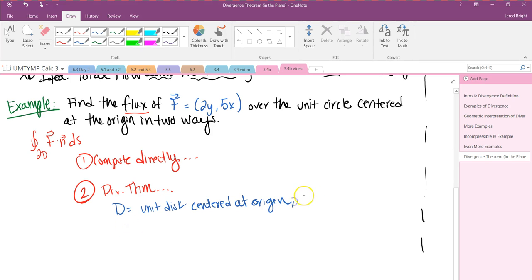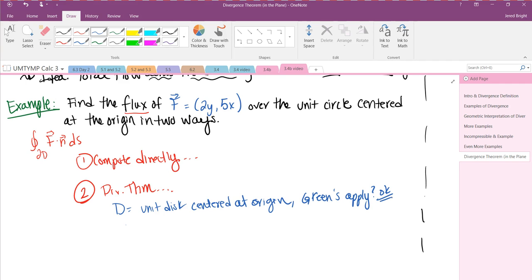So does Green's theorem apply? Can we orient it so that we're always on the left? Yes, this is going to be okay. Maybe just have those hypotheses for Green's theorem handy, but that's fine.